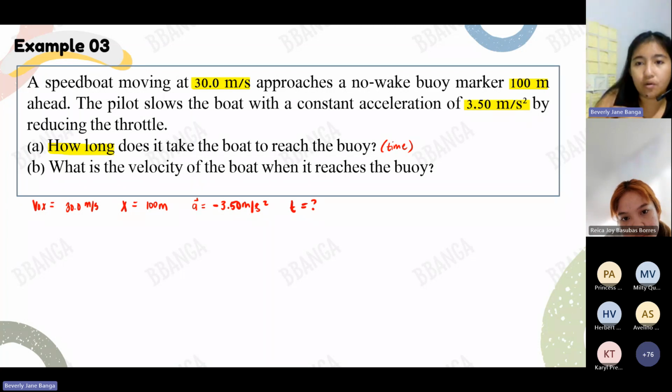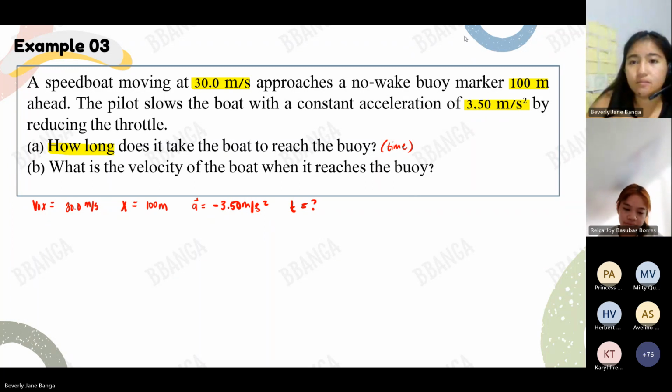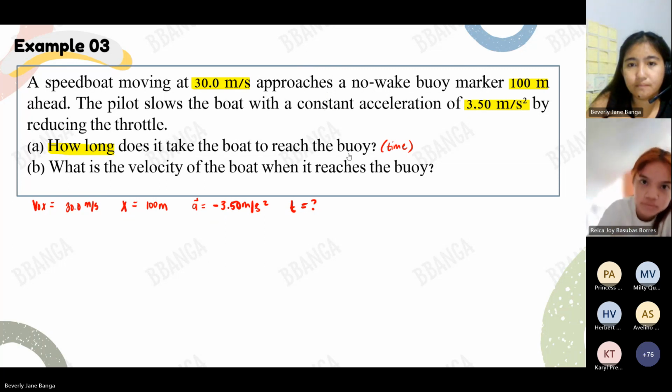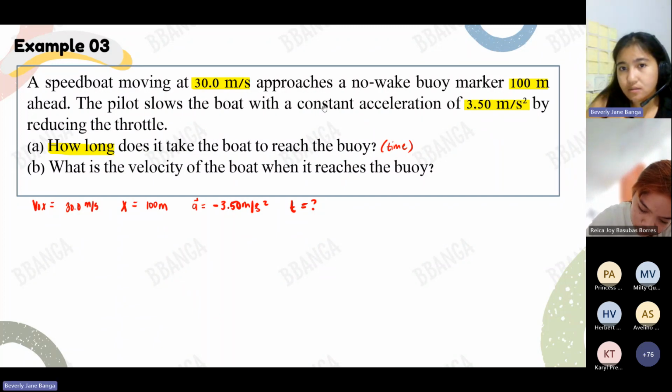Wait, magtatawag ako. Costales, Analea. Wala? Sige.